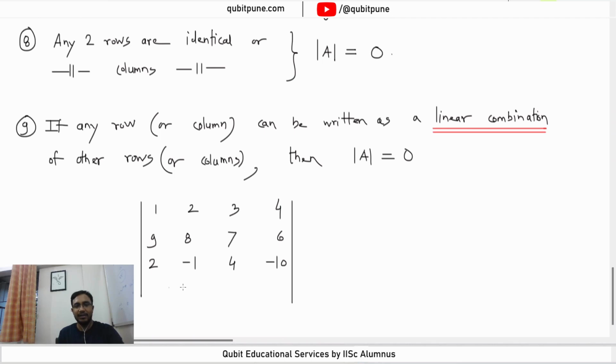Suppose I want to fill these numbers so that the determinant is 0, and of course I don't want this row to be 0. So what I can do is build a linear combination.